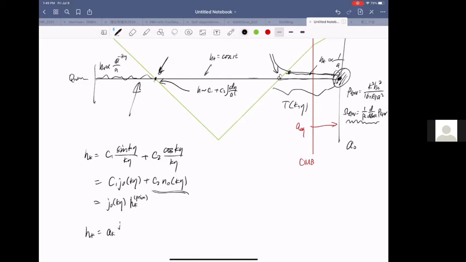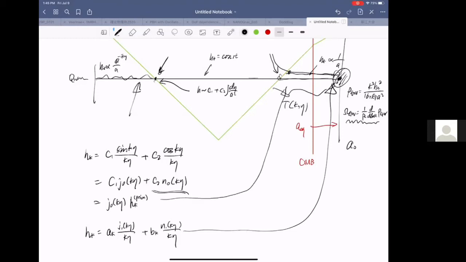I change the coefficient. This is the solution here. And in here, it is just constant, as we already know.